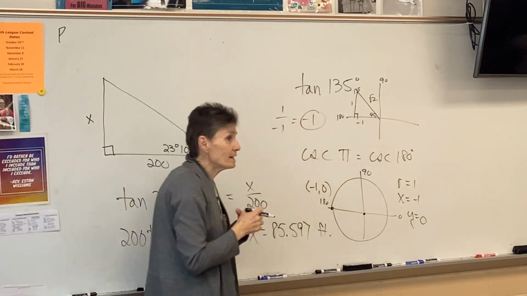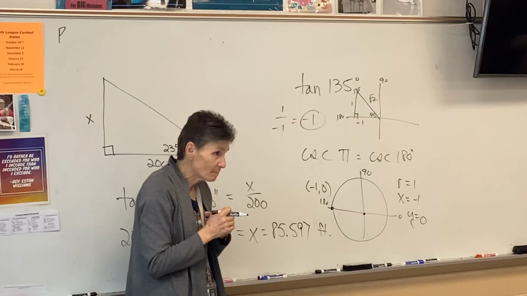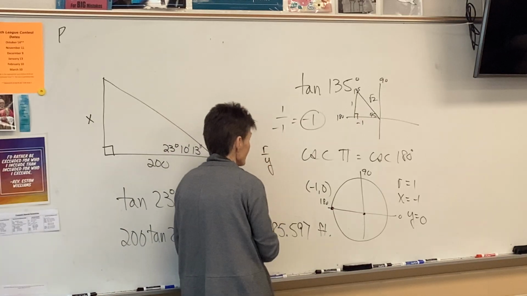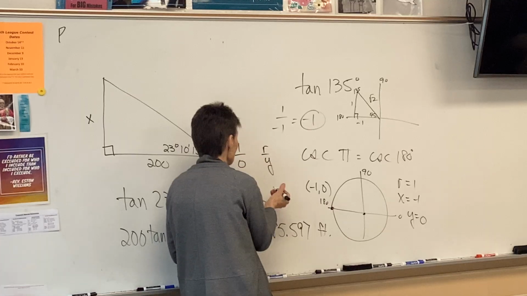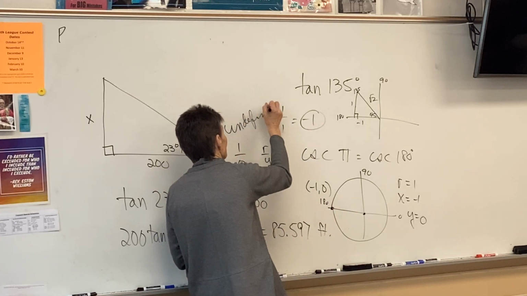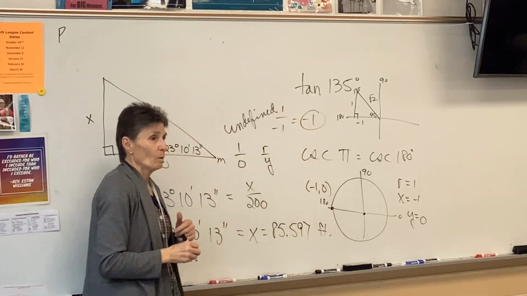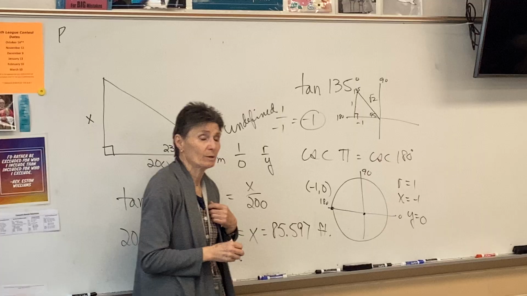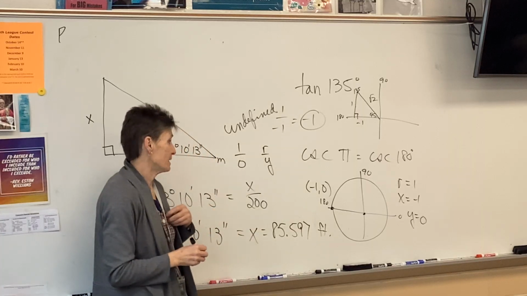So if sine is y, cosecant is y just flipped over, so it's r over y. So that will be 1 over 0, oh yep, that one is undefined. When we were graphing our cosecant, there was an asymptote at pi. It's undefined there.